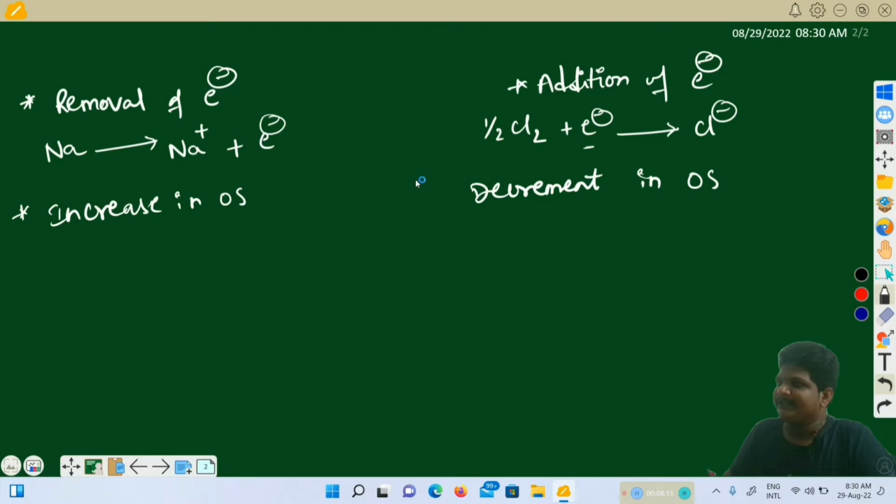These two definitions we generally use in electrochemistry. Removal of electron is oxidation, and during removal of electron there is an increase in oxidation number or oxidation state. Addition of electron is reduction, and during addition of electron there is a decrease in oxidation state.